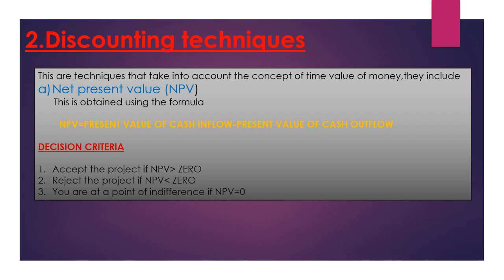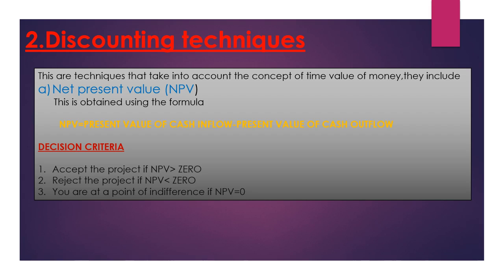In decision criteria, when you want to base your decision on the NPV, you accept the project if NPV is greater than 0.